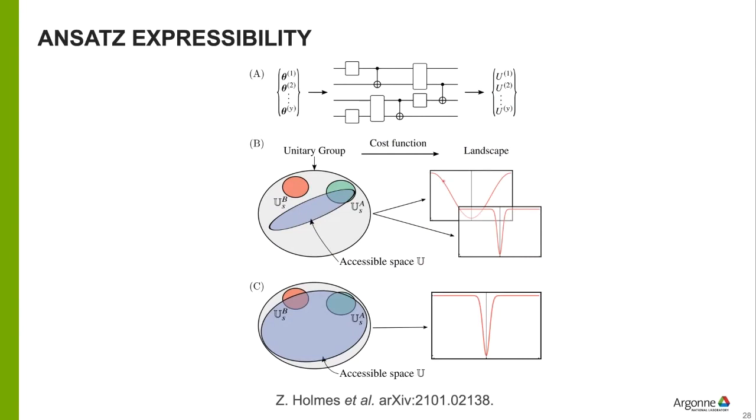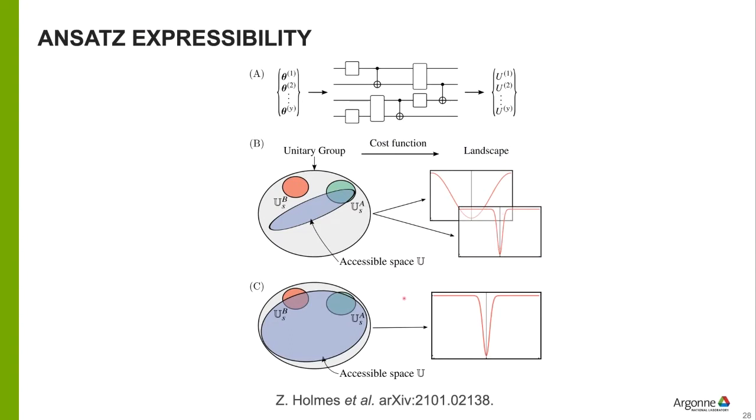So in this case, we can have a landscape that looks like this, where you have a much smaller region with non-zero derivatives, right?